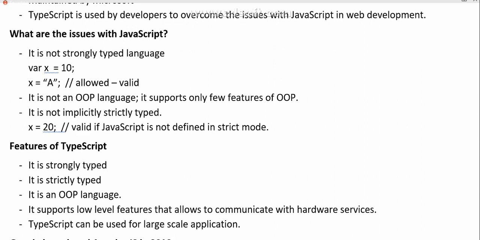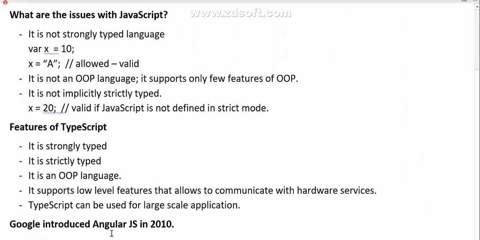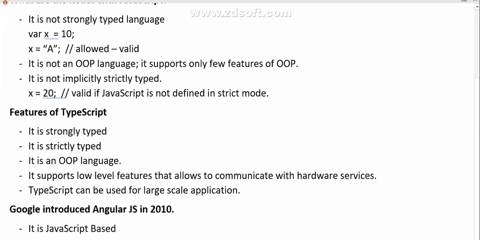They introduced AngularJS, and AngularJS is JavaScript based. So obviously, a lot of issues are there with a JavaScript based language framework. So a lot of problems, a lot of issues are there in AngularJS.